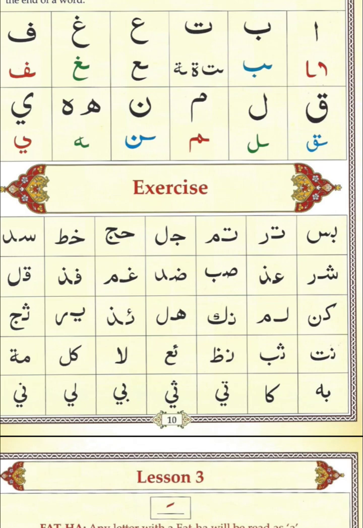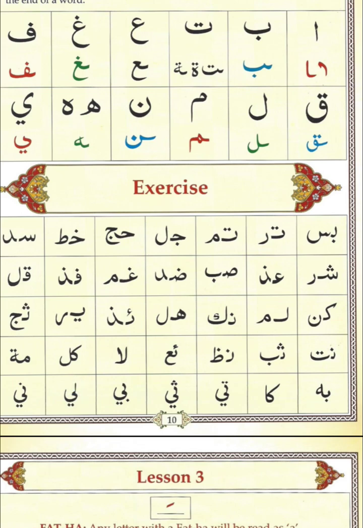And in this one, first we're going to read the top letter, which is ta, here, ta. And the bottom one is ya. So ta, ya, tha, ya, ba, ya. The top one is lam here.